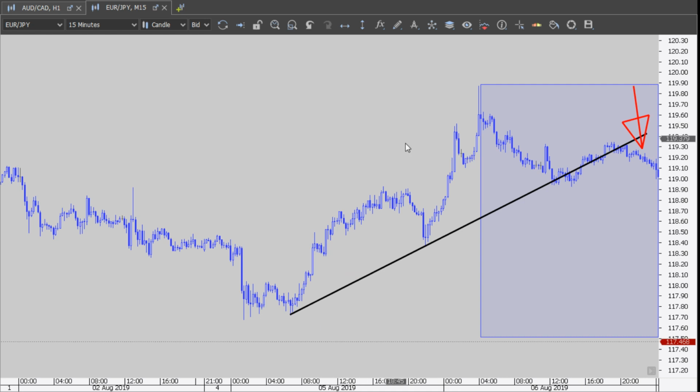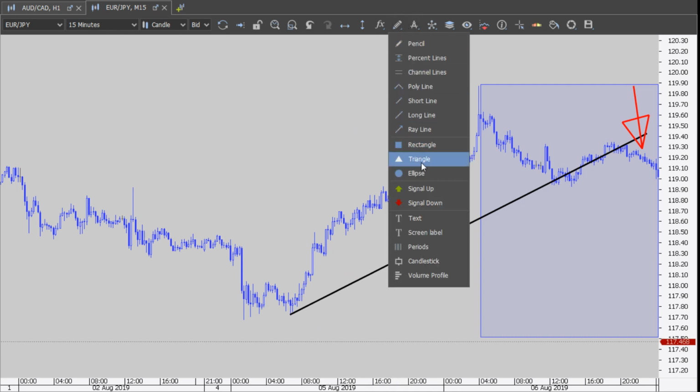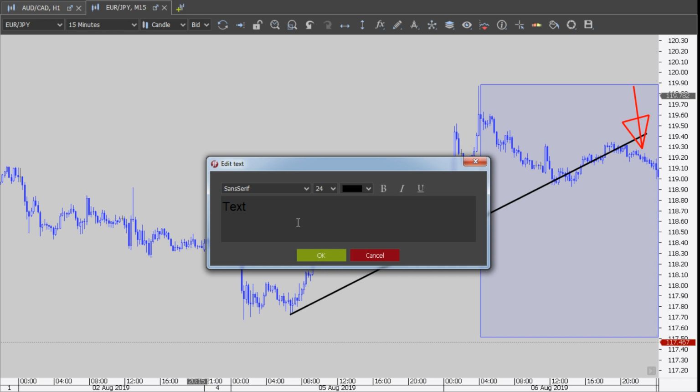Okay, now rules of, so in order, it's going to be a downtrend. We are going to look for resistance, right?